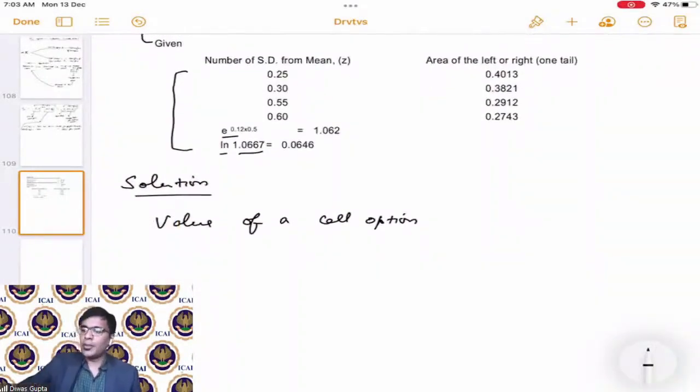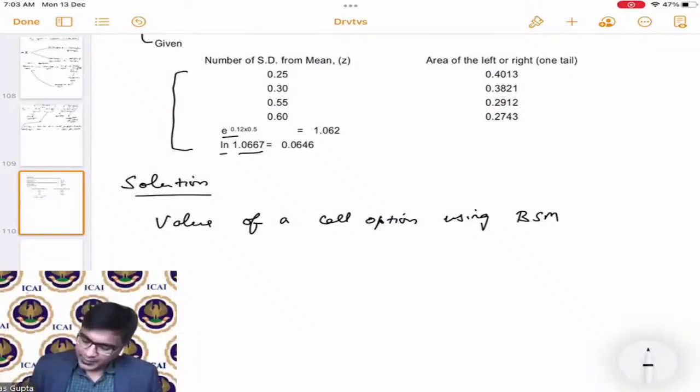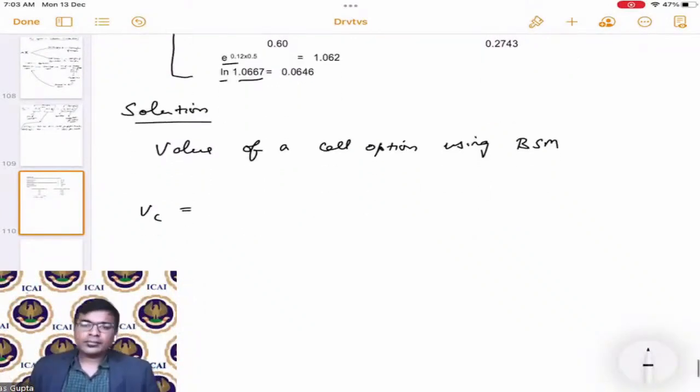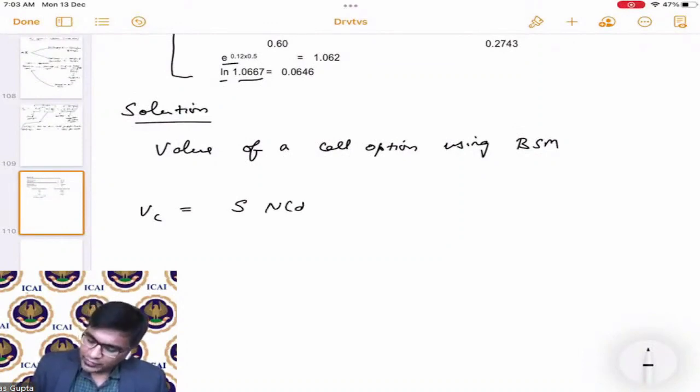So value of a call option using Black-Scholes model is given as VC, value of call. Now, we will just revise the formula also along with this. We said that it is spot price multiplied by ND1.